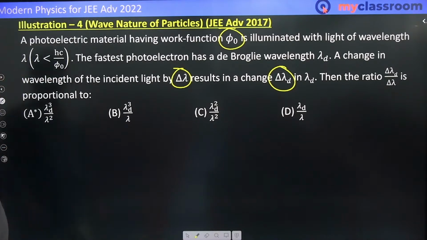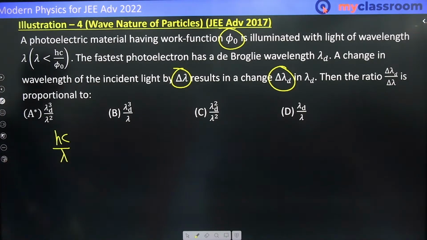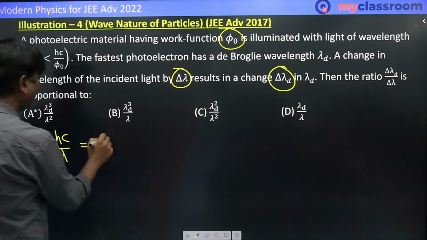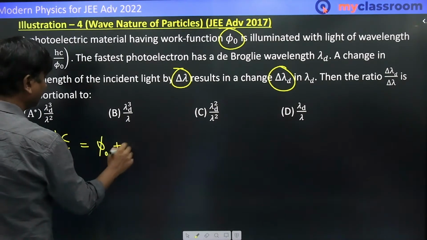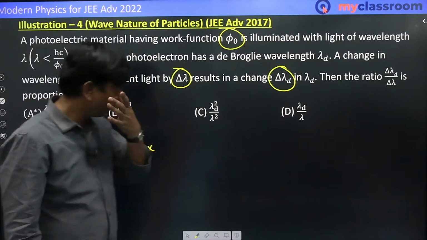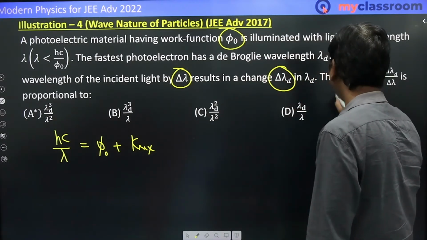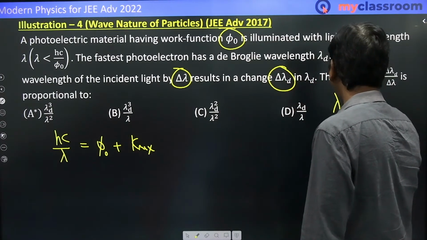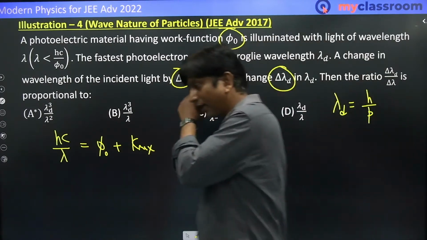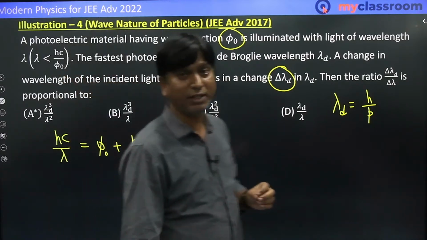So first let us write this: hc by lambda, the energy of each photon, is equal to work function plus Kmax. And you know the de Broglie wavelength is always equal to h by momentum. De Broglie wavelength of any particle is nothing but h by the momentum of the particle.